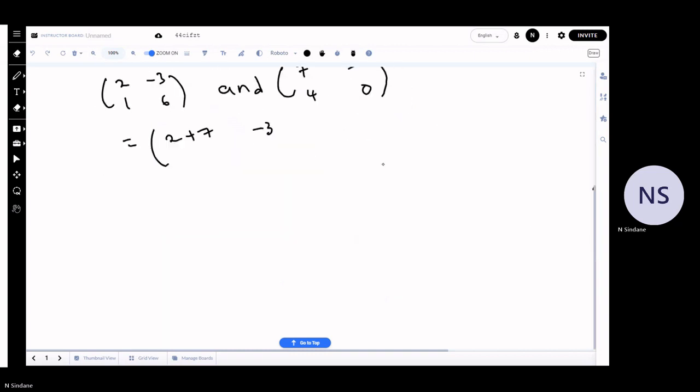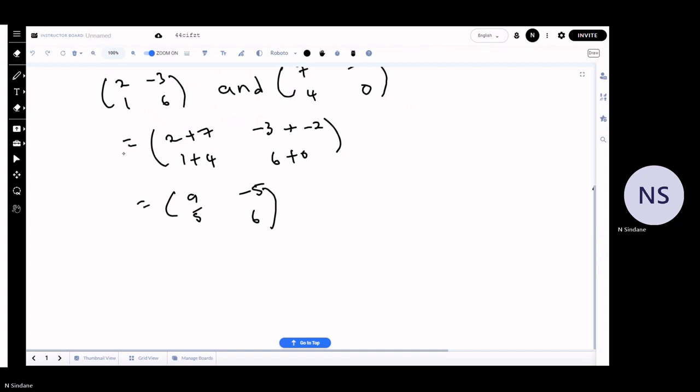So it's going to be -3 plus -2. Then row 2, column 1, I have 1 and 4. Then I have 6 plus 0. This will give me 9, -5, 5 and 6. This is my solution for the addition of those matrices, right?